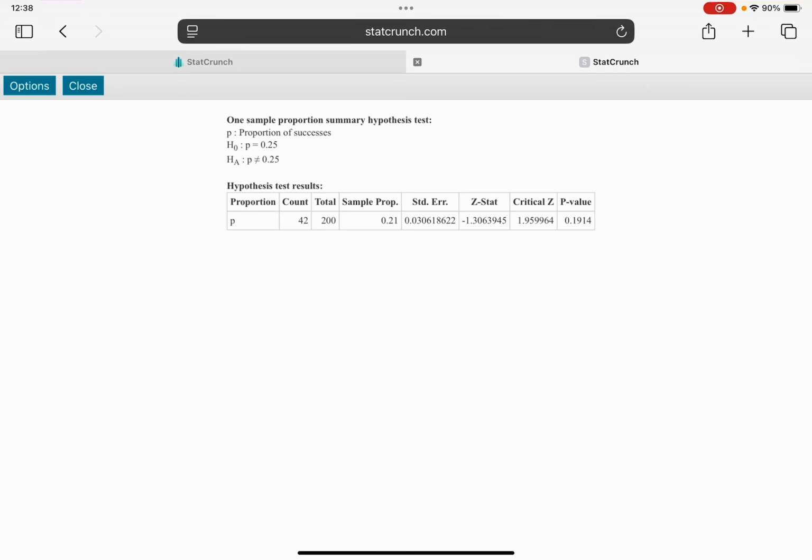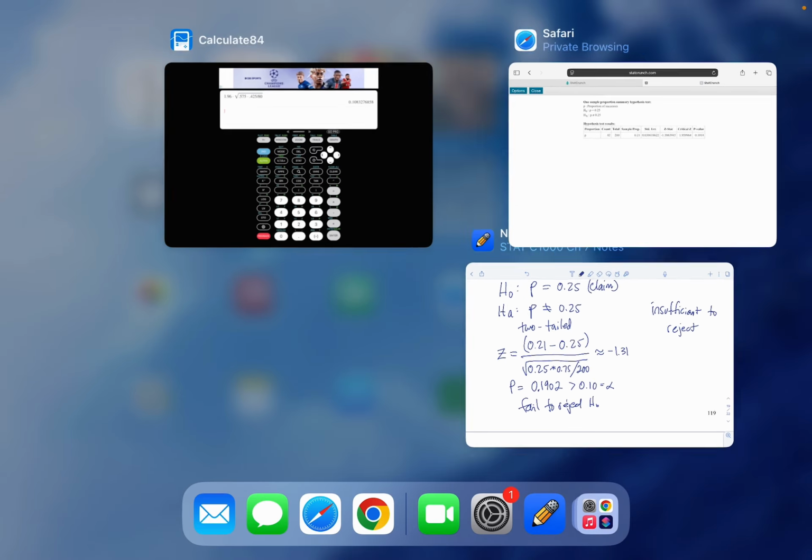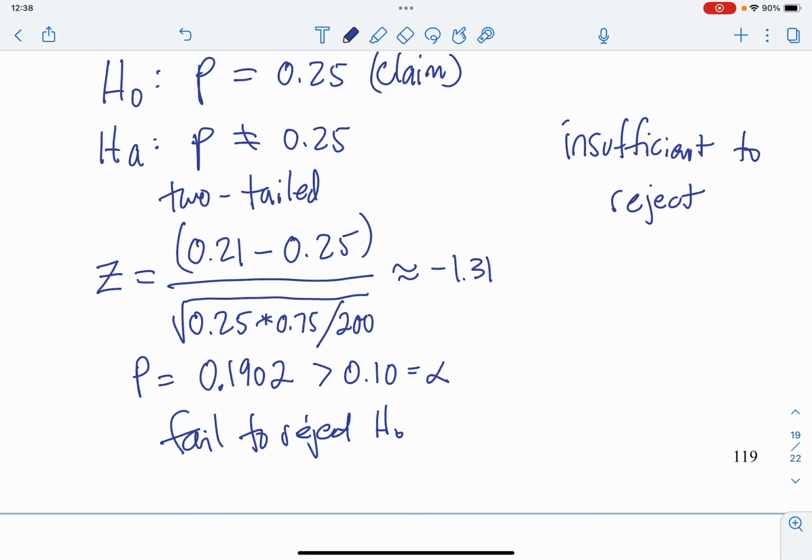Either way is good, because the z-stat is actually negative 1.306, and so on, and we rounded it to negative 1.31. So that's why our p-value from before was a little different. But either way, you'll come up with the same conclusion because that p is bigger than the alpha, and that leads you to fail to reject H0, insufficient to reject, etc. Okay, so you got that part as well.